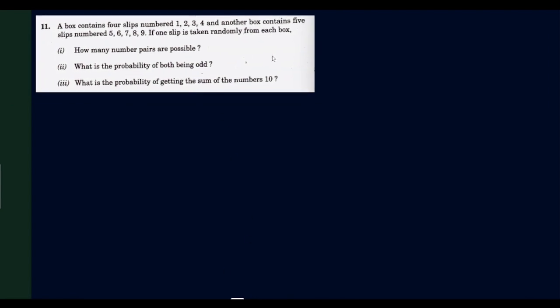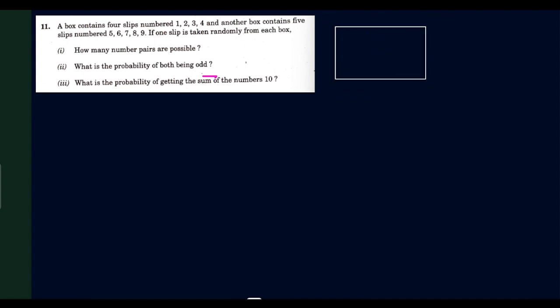So here he has given some information and we need to write the solution from it. First, let's see the question. A box contained 4 slips numbered 1, 2, 3, 4. So from this information, I can take that one box, which is containing 1, 2, 3, 4.